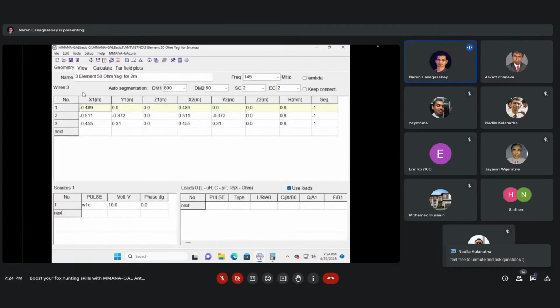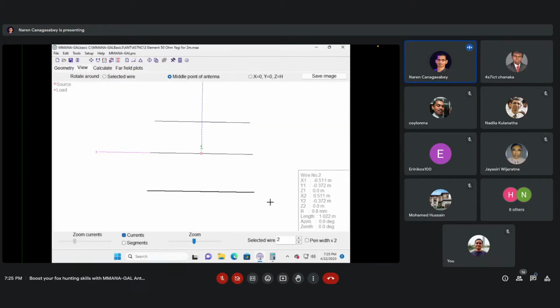Right. So then element Y number 2 is the reflective element. To get the length of this, again, we divide 300 by 145 into 0.495, which is 1.02, which is the length of the full element. So you can see here 1.02.